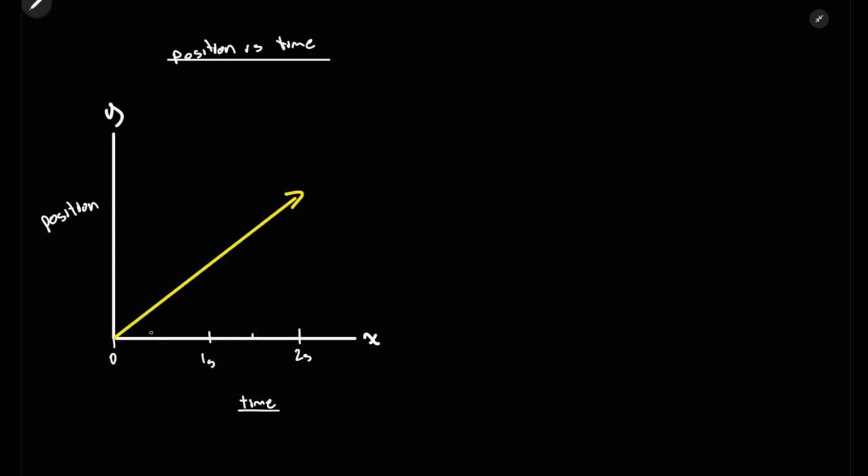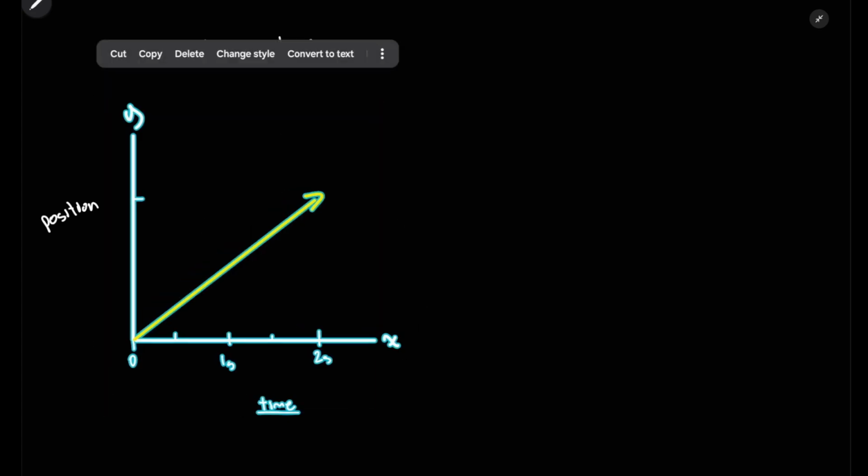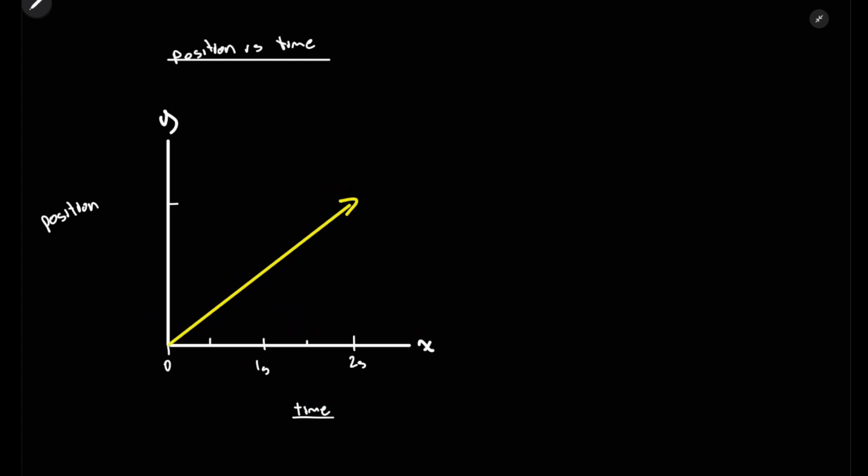And then half, half. And then over here, we're going to label this one. Move this a bit to the right, just so I can have more space to label. So this position is going to be, let's do 10 meters.